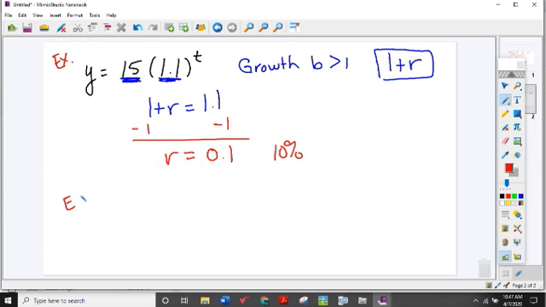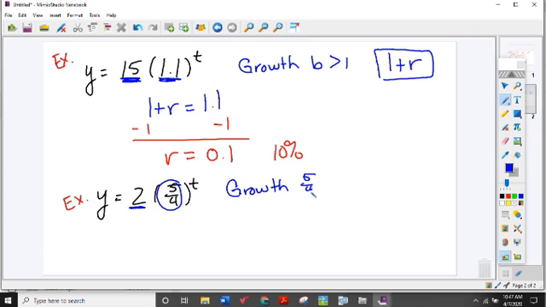Doing a third example, I'll do 4 altogether. Let me do a fraction. So again, this is the initial amount, this is the base. 5/4 is greater than 1, so this would be growth.